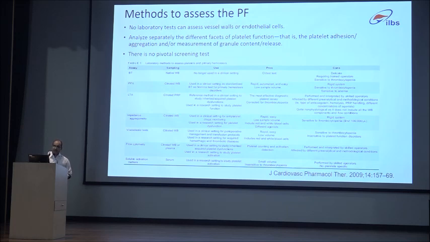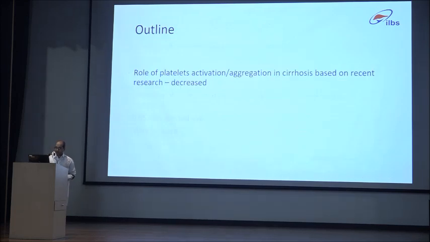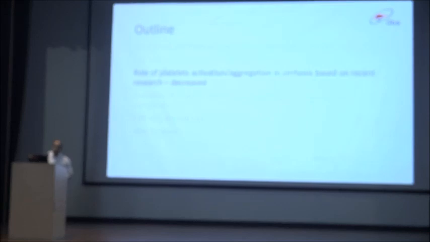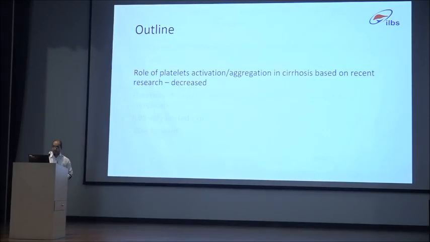Recently, the flow cytometry method is being used to assess platelet activation. But for the flow cytometry method, we will come to its limitations. So what does the recent article say about the role of platelet activation and aggregation in cirrhosis, based on recent research? There are contrasting views.